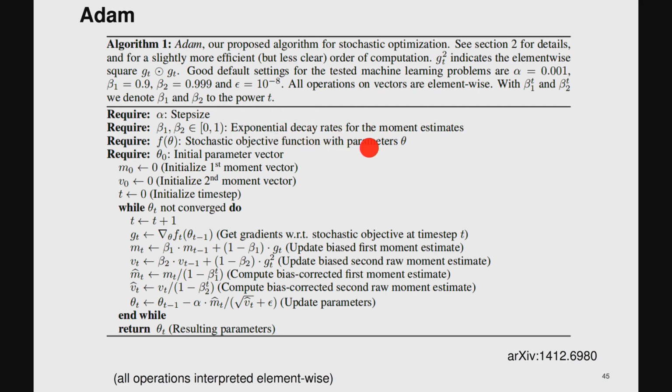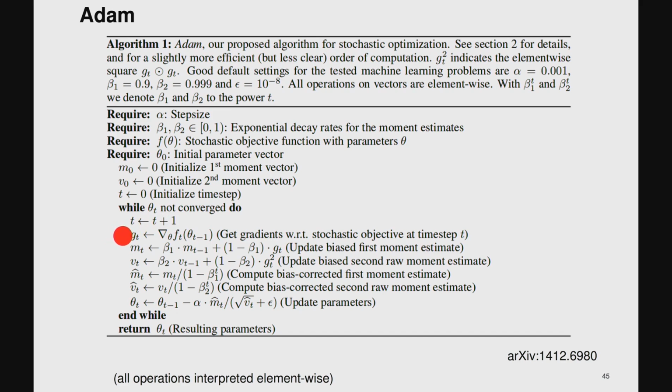Here you have your objective function with your parameters that you want to optimize, and initially you start with a parameterization of theta 0. And then you have a first momentum and a second momentum and a time step counter. And as long as your parameter optimization has not converged, you go to the next time step.